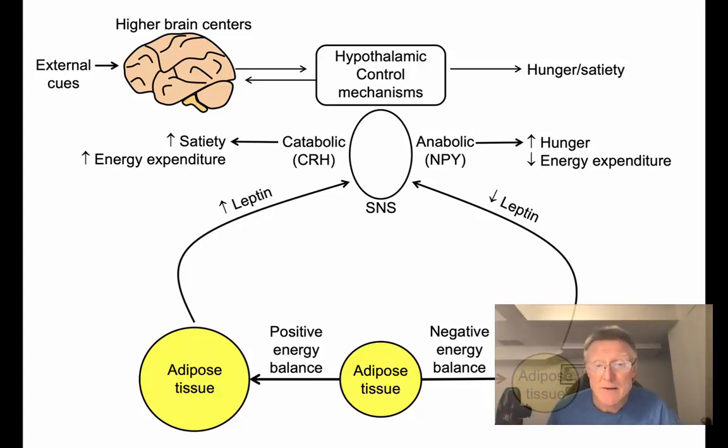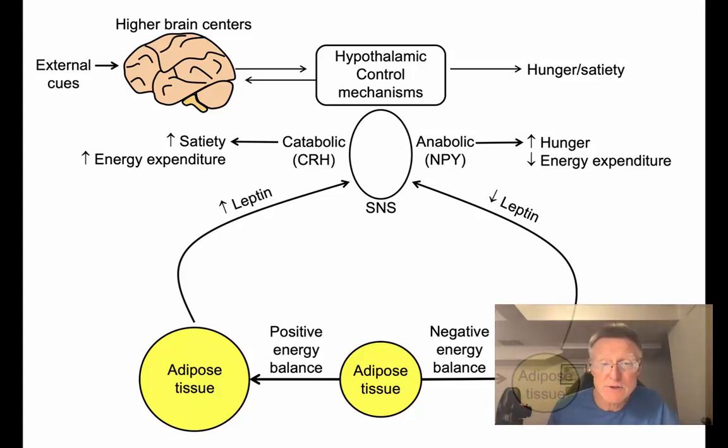So we have this idea that your adipose tissue is determined by the number of cells you're going to have, and how big or small the adipose tissue is, is set by this set point theory, which depends on how your brain was set to establish how much energy you should have, or how much fat you should store in your body.